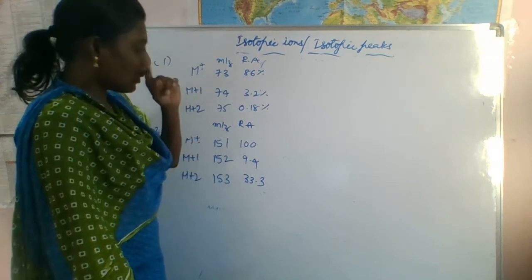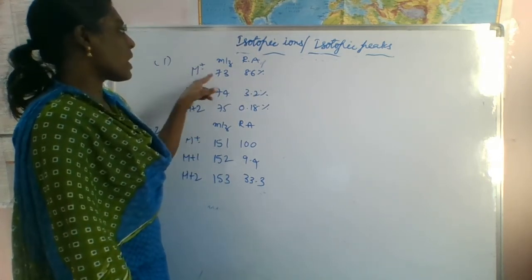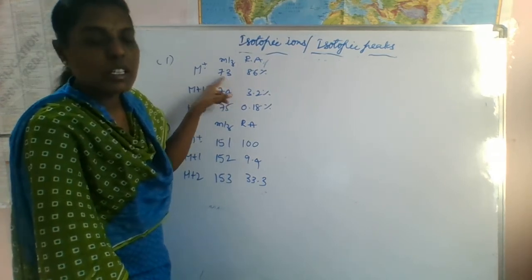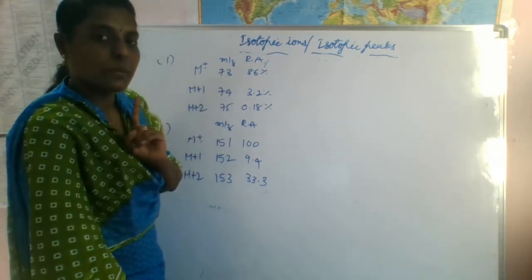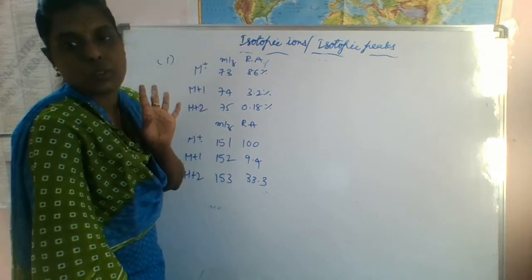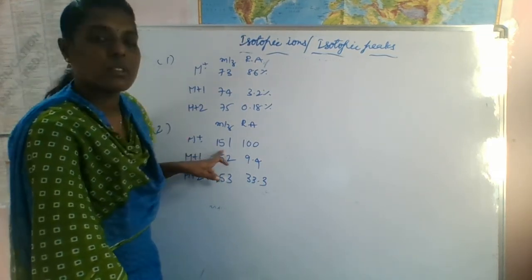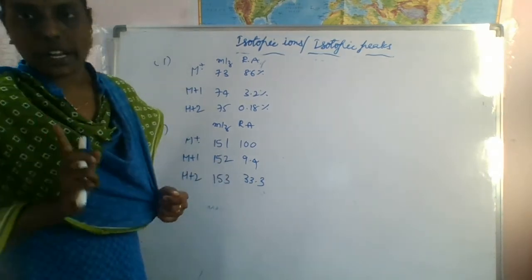And one more clue is there. So the molecular ion is with odd mass, right? This means what? There may be one nitrogen atom, right? This is the clue for you. In the next one also it is an odd mass, meaning there may be one nitrogen atom.